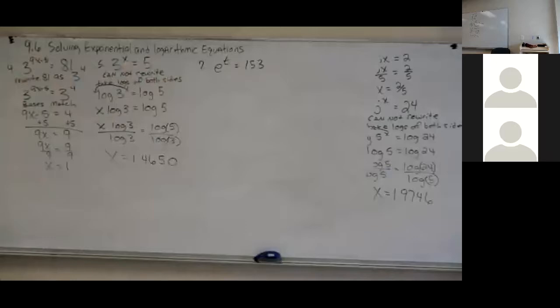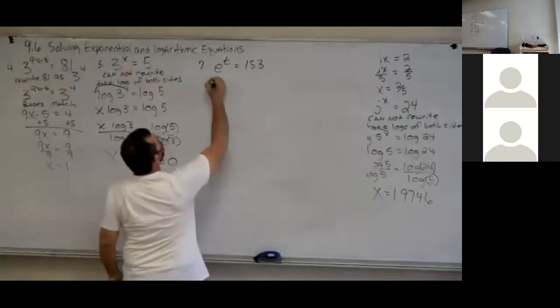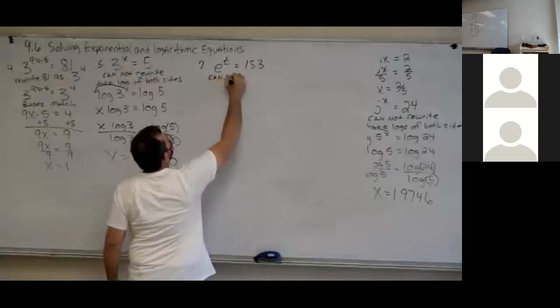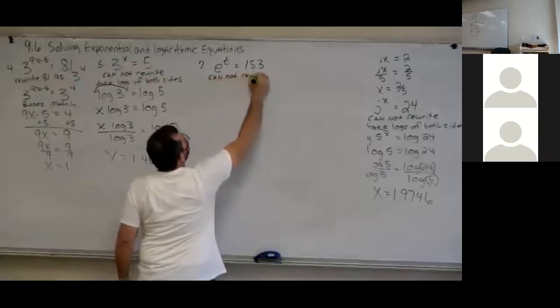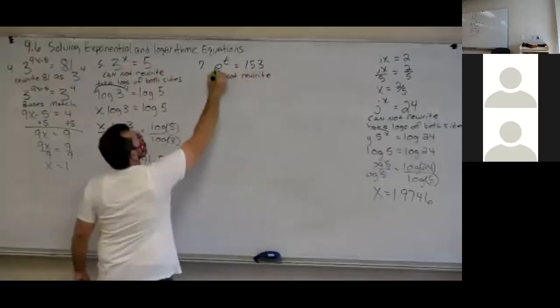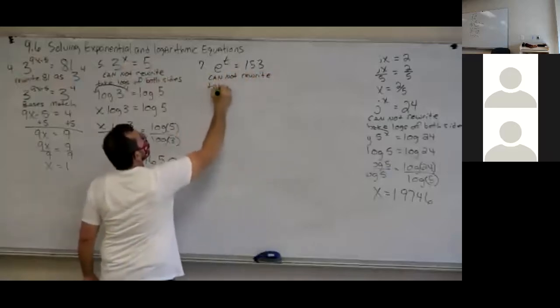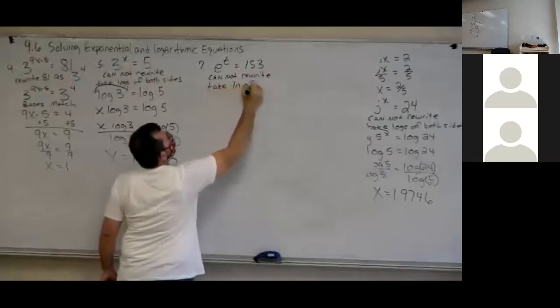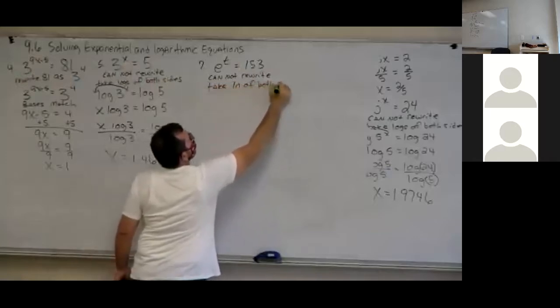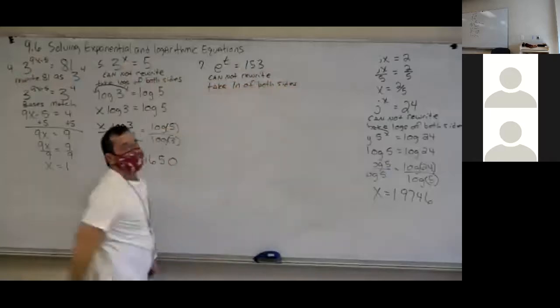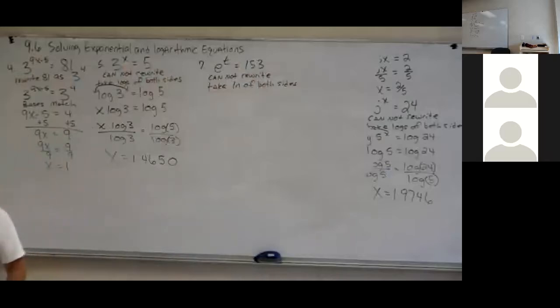Oh, okay. So guess what? I'm not even going to try to rewrite 153 using the E as a base. Probably not happening. So I cannot rewrite. But since that's the E, I'm going to take ln of both sides. Now it would work if you did the logs, but it'd be a lot more work to do.